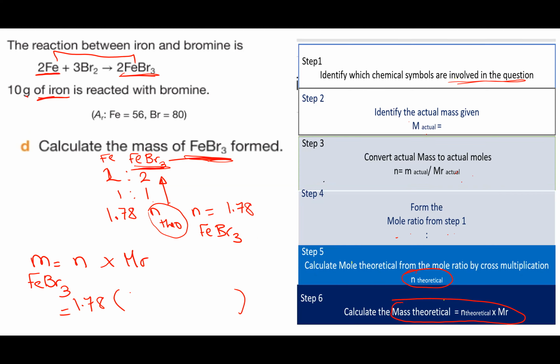So iron has an MR of 56, plus bromine has an MR of 80, but I have 3 of them, so it's 80 times 3. And that has units of gram per mole, so they will cancel out as units, and you will get your answer in grams.